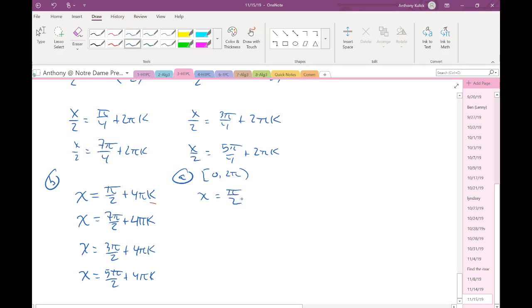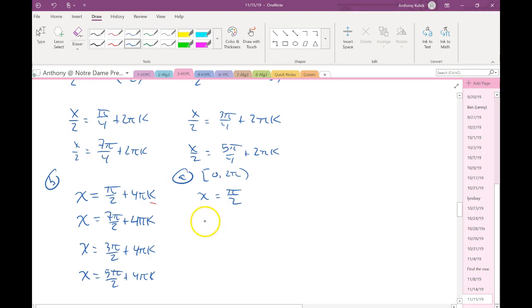If I pick k to be 1, it's going to be too big. If I pick k to be negative 1, it'd be too small. So that's the only answer I'm going to get from the first one. Everybody okay with that? Because if k is 1, I'd have 4.5 pi, way too big. If k is negative 1, it's negative 3.5 pi, definitely too small. Cool?